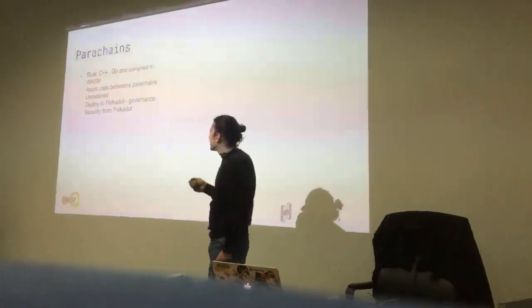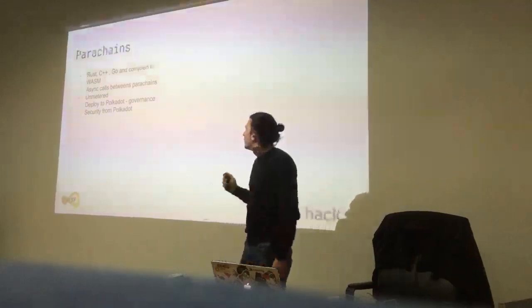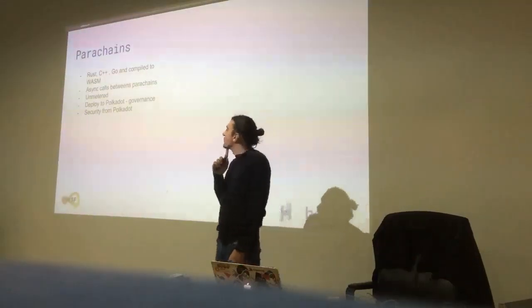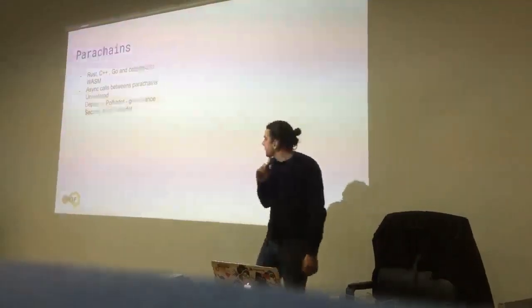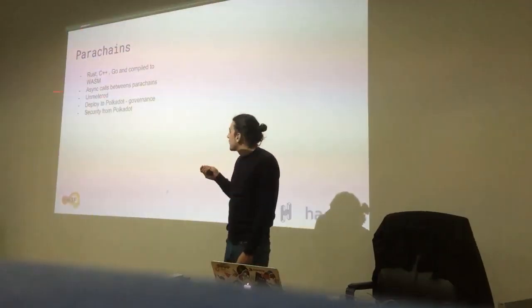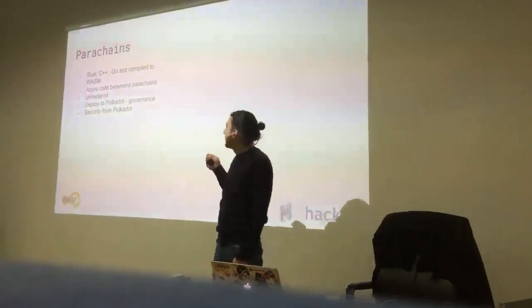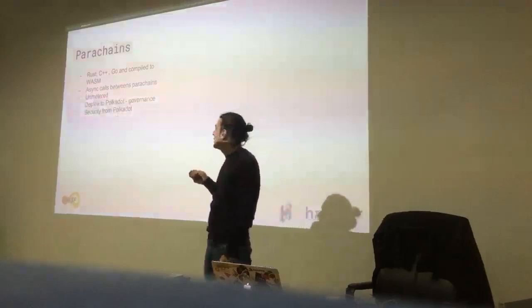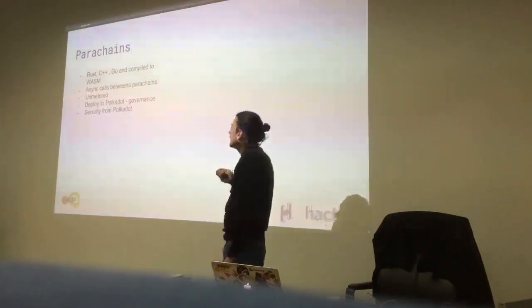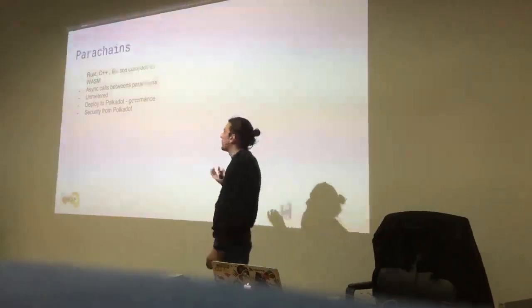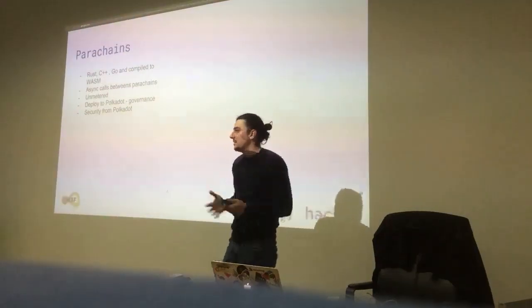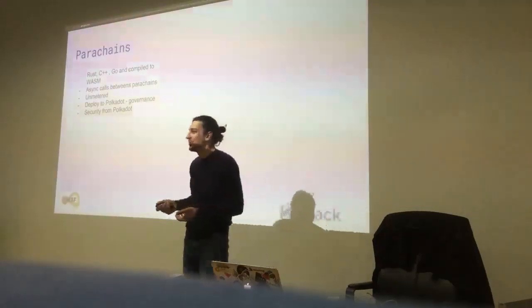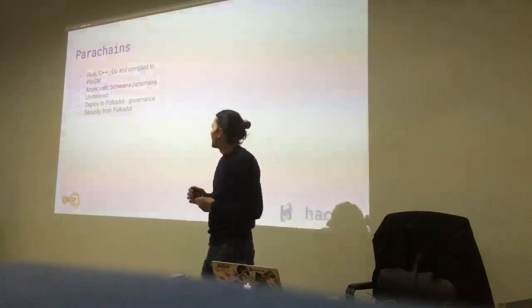Parachains, as I said, are usually written in Rust, C, or Go, and they're compiled to a WebAssembly blob. They can call one another asynchronously. They are unmetered, so every state transition is basically free. We don't have a term of gas here.